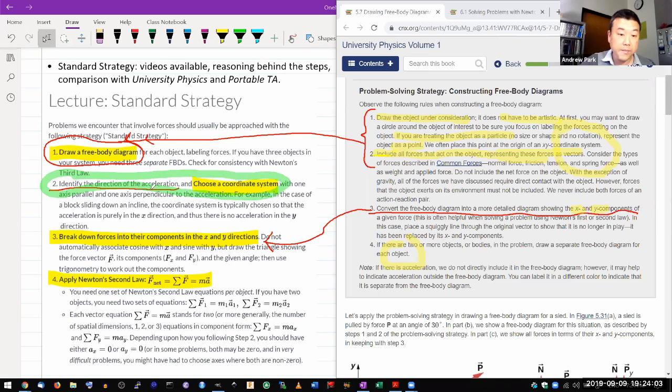And really what matters here is, as Ben points out in his video, the direction of the acceleration. And this advice is looking forward to step number 4, where you are writing down Newton's second law equation. And this vector equation really represents multiple equations, one for the X component, one for the Y component.